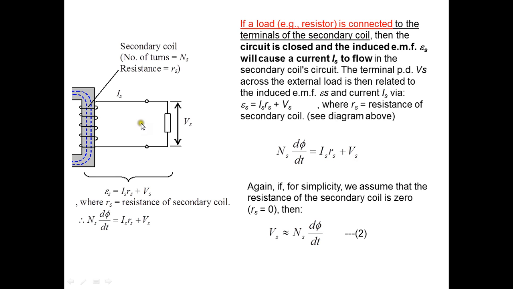But applying the same idea to simplify, if we say the resistance in these coils is small, the potential difference across the secondary load will be more or less equal to the EMF given in the coil. And the EMF in the coil is simply the number of coils multiplied by the rate of change of magnetic flux.